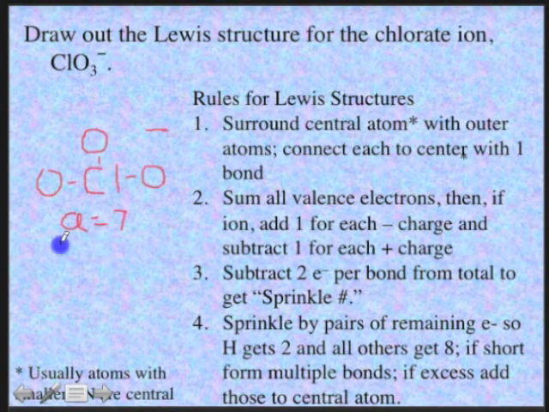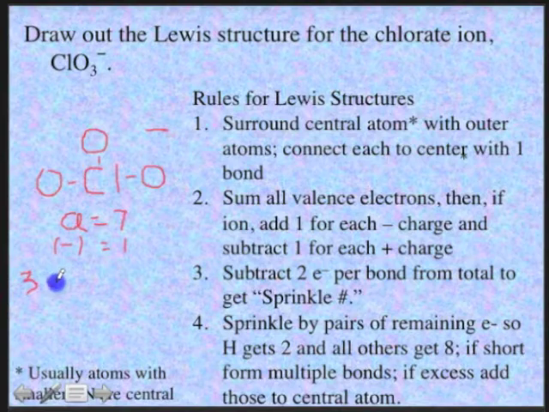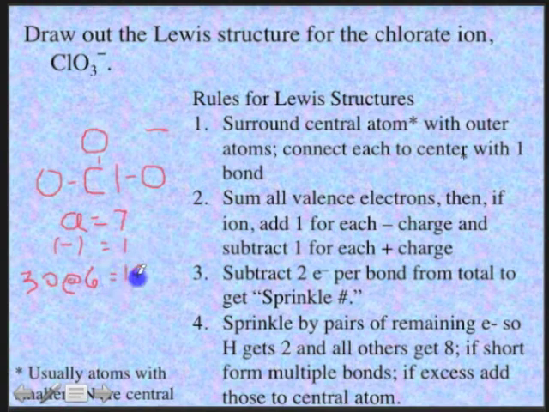The negative charge has 1 extra electron, and there are 3 oxygens at 6. So that's 18, isn't it? So total, that's 26 electrons altogether that we have working for us.